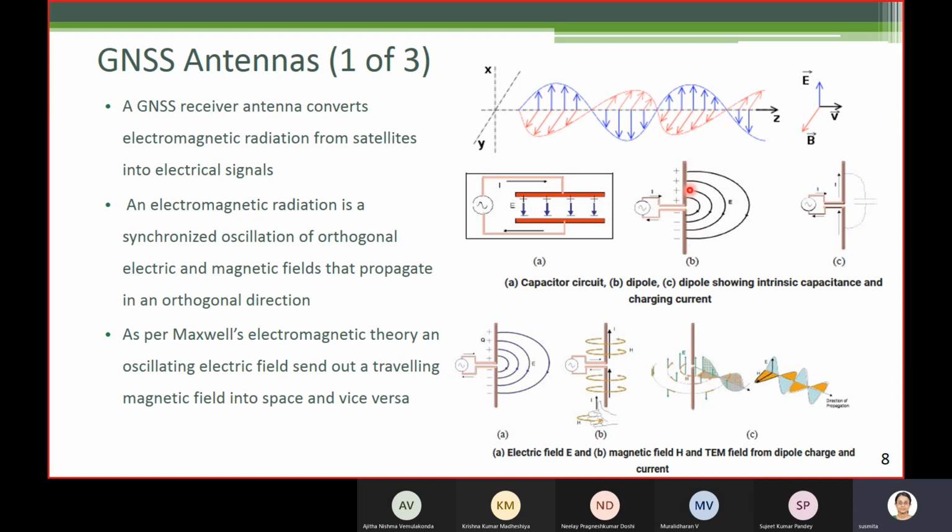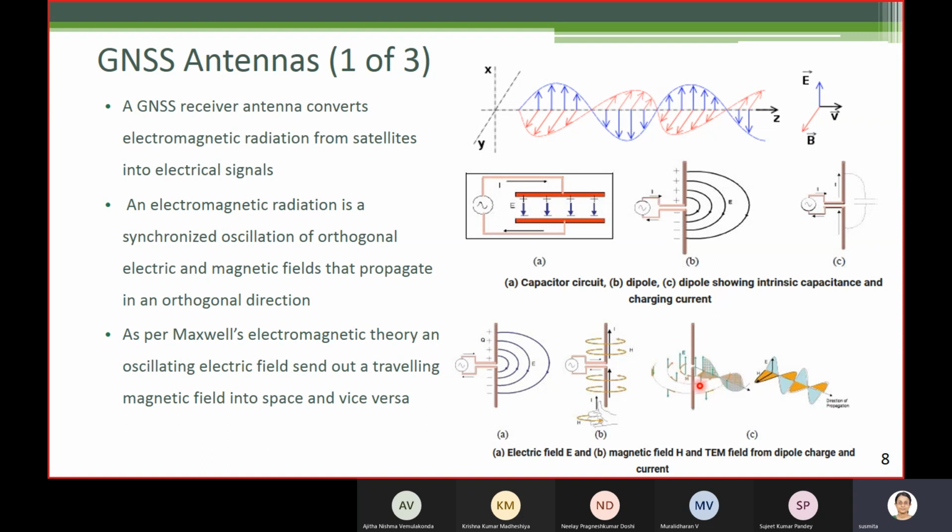This is basically an antenna, a simple form of antenna called a dipole antenna, because it is polarized. But other complicated designs have the same basic principle. You have to generate alternating electric and magnetic fields, and those alternating fields will send out traveling waves. This is the basic principle.